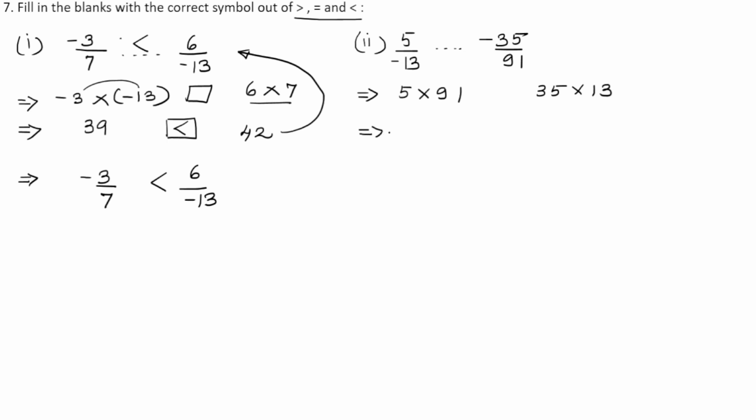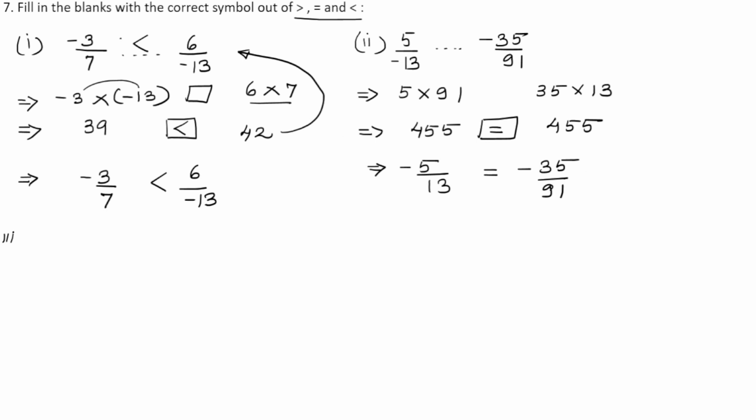So on multiplying 5 with 91, I'll get here 455, and on multiplying 35 with 13, I will get here 455. Now both of these numbers are equal, which means what? That the corresponding rational numbers are also equal. So 5 by minus 13 is equal to minus 35 by 91.